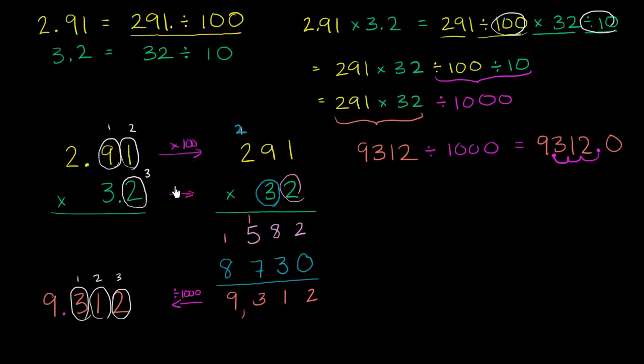To go from here to here, we multiplied by 10. So in aggregate, we multiplied by 1,000. And so now we have to divide by 1,000 to get the right value. So that's why there are 3 digits to the right of the decimal here, and 3 digits to the right of the decimal here.